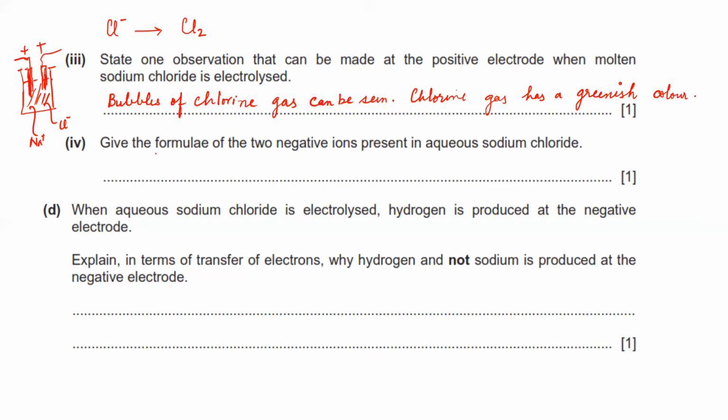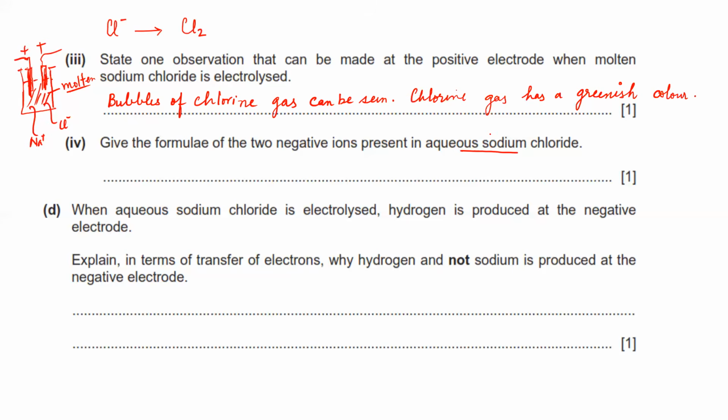Then give the formula of the two negative ions present in aqueous sodium chloride. Okay, so now we have an aqueous solution. So this is a molten solution. Molten solution does not have any water based ions, that are H positive and OH negative, or hydroxyl ions and hydrogen ions.